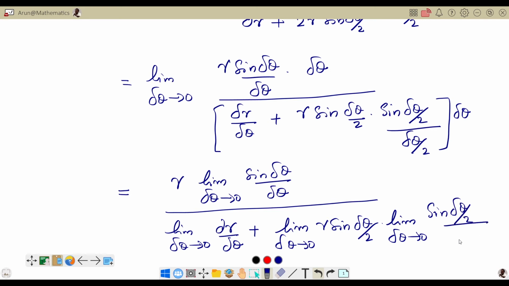So as delta theta tends to 0, delta theta by 2 also tends to 0.